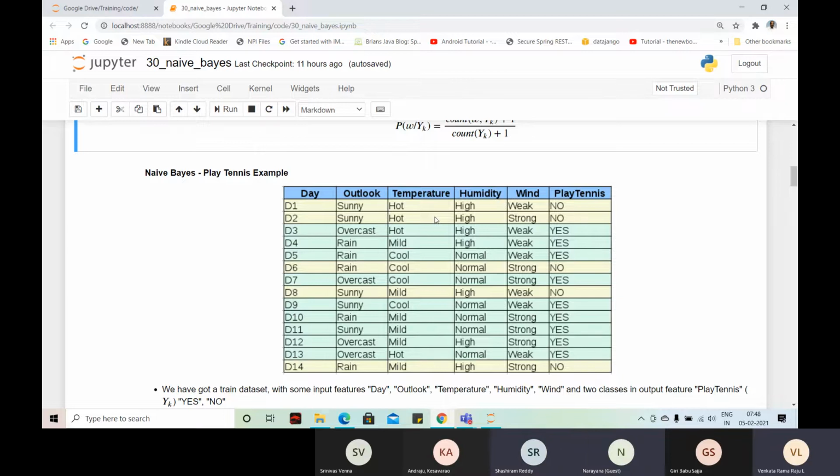We need to calculate the probability of each one and multiply. Probability of sunny is 1 by 14, temperature also 1 by 14. It's a combination I was actually talking about.